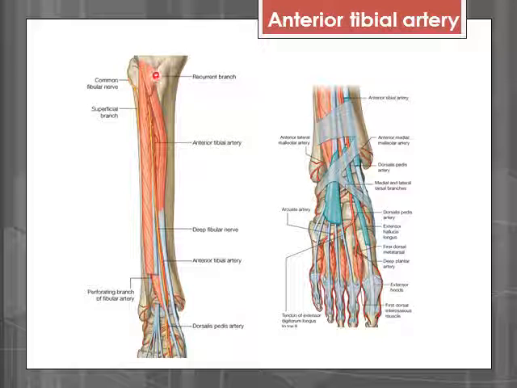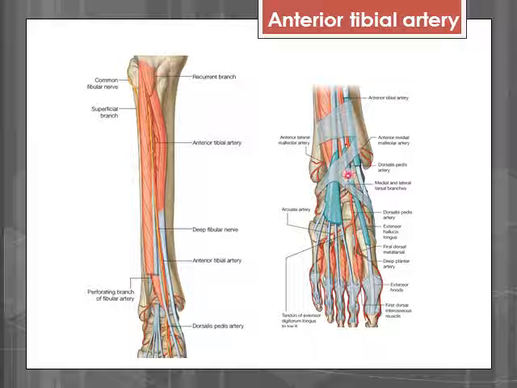Two branches at its beginning are called the anterior and posterior tibial recurrent arteries, and two branches near its termination are called the medial and lateral malleolar arteries, with muscular branches in between to the surrounding muscles of the anterior compartment.